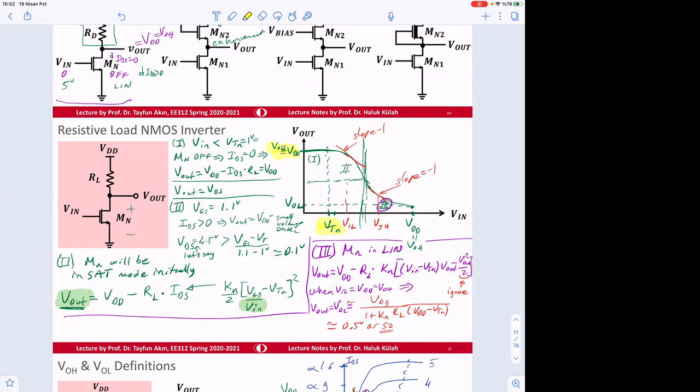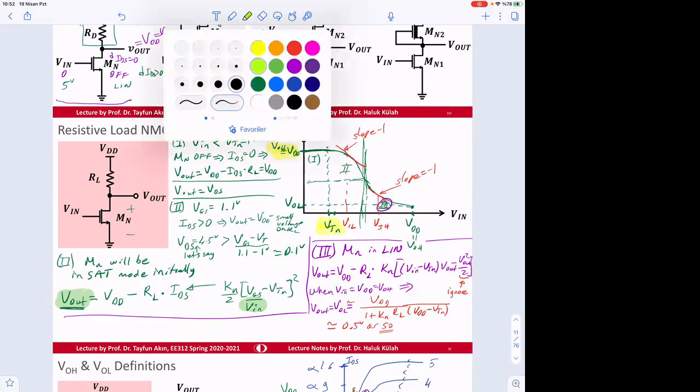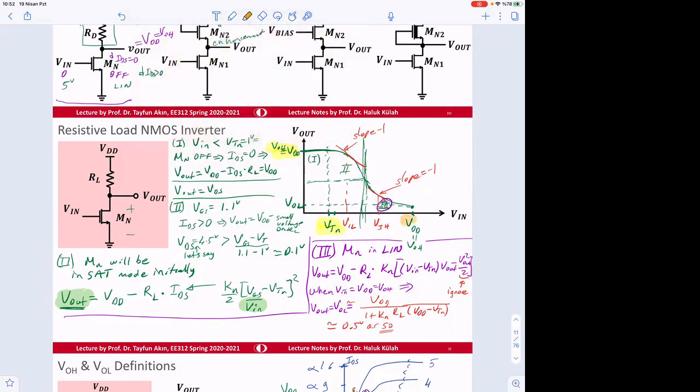However, if the input is V output high, then the output is going to be something larger than 0. We can calculate that.